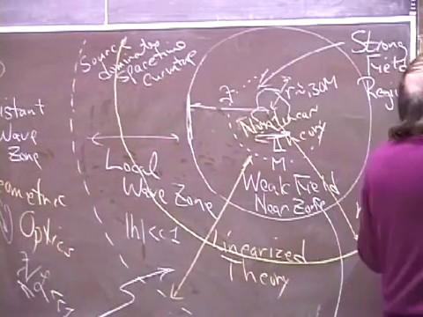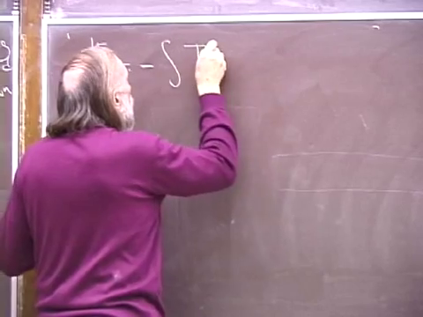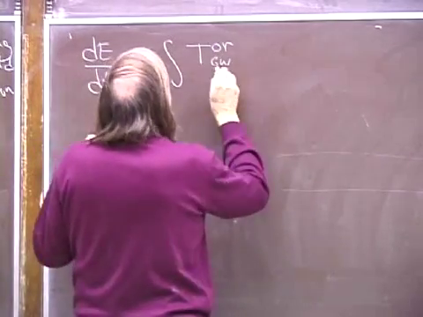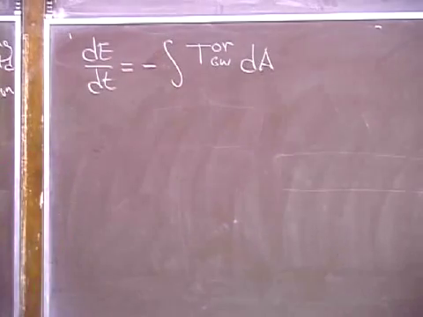So dE dt is going to be minus, because you're losing energy, the integral of T0r gravitational wave d surface area over the green sphere.